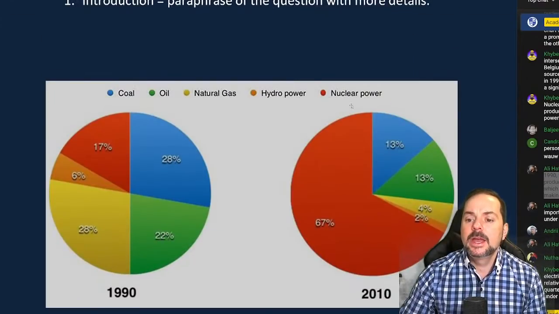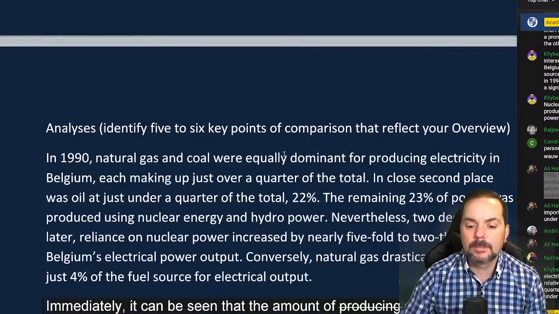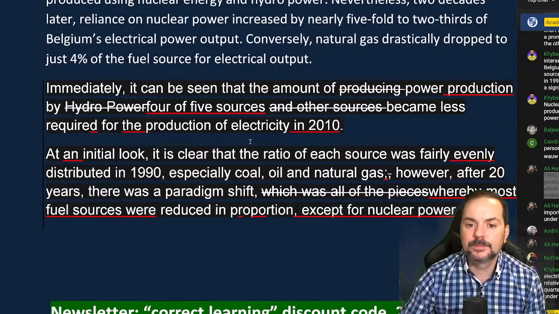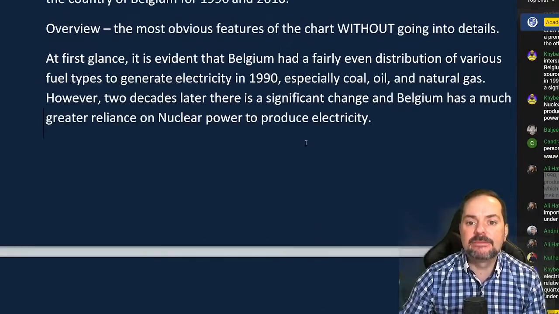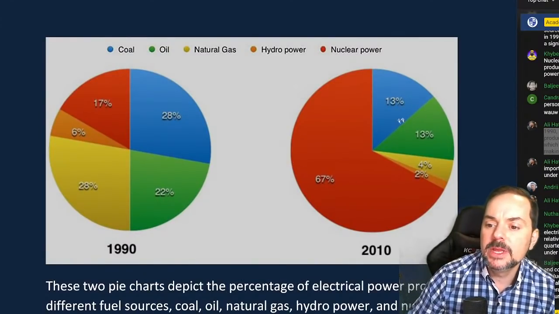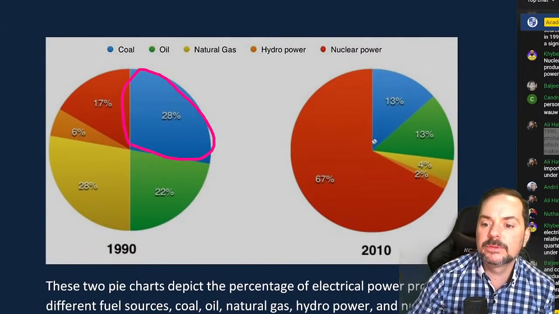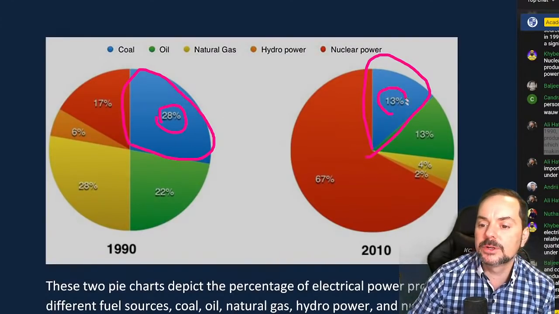Okay, and then we have oil and coal, right? And they were basically half. So here, sorry, there's a bit of scrolling there, but if we look at, so we compare, we have this number and this number, so 28% versus 13%, and here we have 22%, and then again we have 13%.